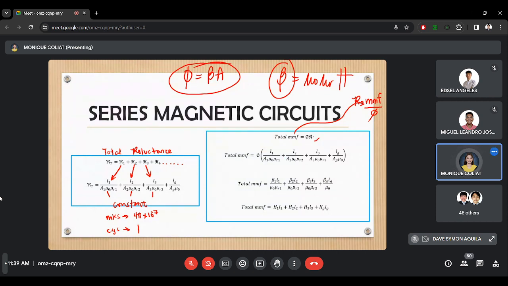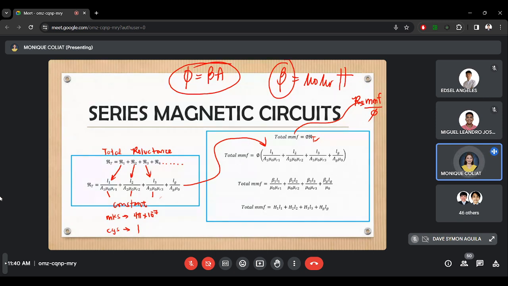So, paki-apply na lang ni R total dito, which is ito. Ito siya, di ba? So, we have flux times R total. Okay. So, this is another formula for getting MMF. This one is for R total, this is for MMF or magnetomotive force.